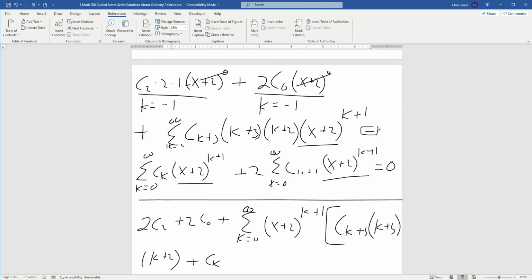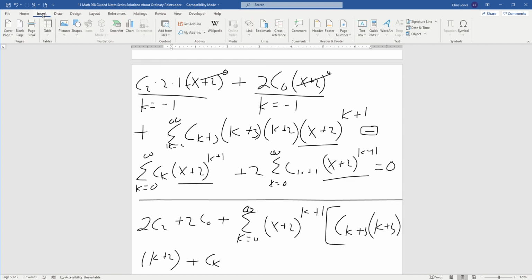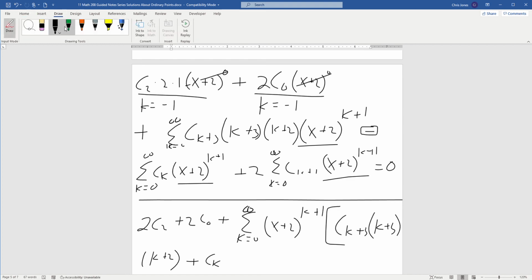I almost made a copy error there, so let's erase that. And then finally plus 2 times c sub k plus 1, and that should do it. Equals 0.